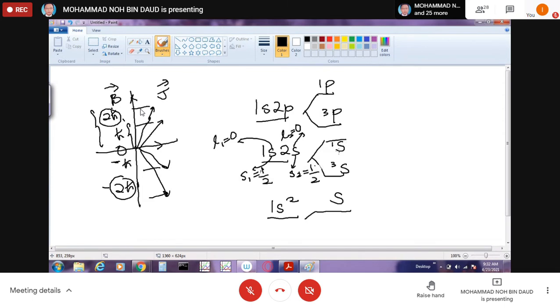How about this one? Here we use the angular momentum addition rules. You can use these rules directly to determine the total L and the total S, big S and big L. How about this one? Can we use the angular momentum addition rule directly? Can we?